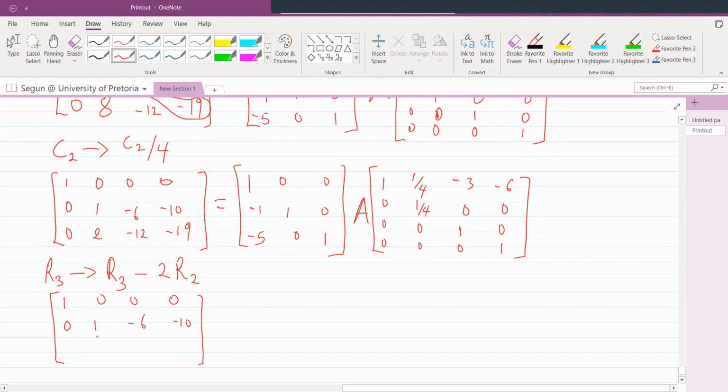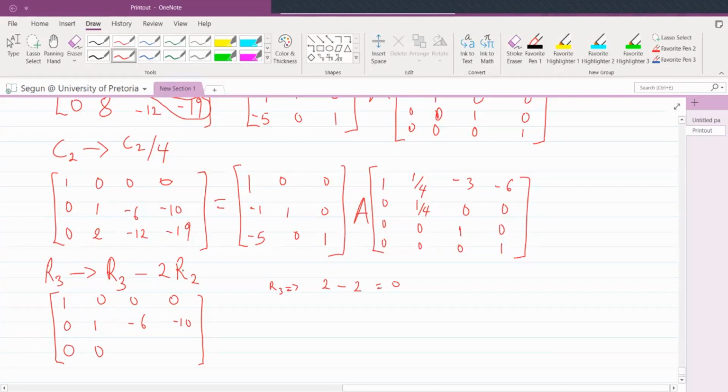Then the last one, let's say row 3 now. We are doing row 3 minus 2 multiplied by 1, 2 equals 0. We are just multiplying.